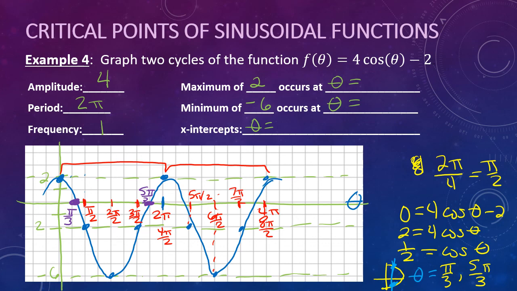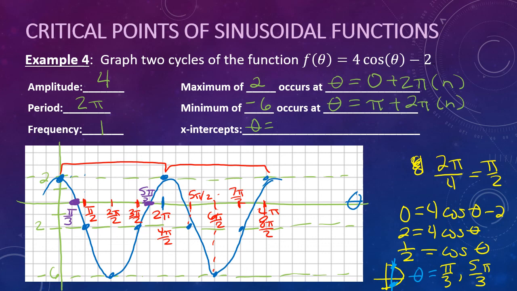So my maximum of 2 occurs at 0 and every full period after that. The period here was 2 pi. My minimum of -6 occurs when theta equals 2 pi over 2, which is pi, and every full period after that.